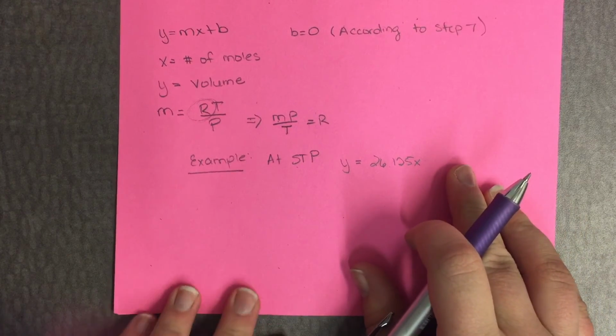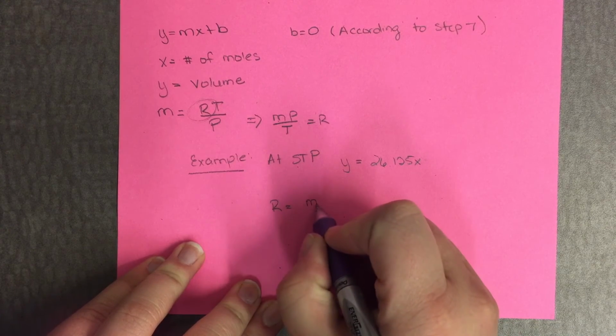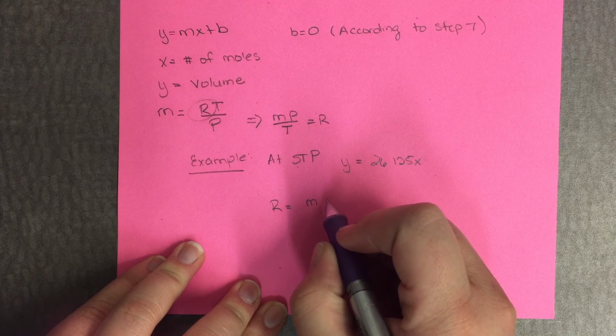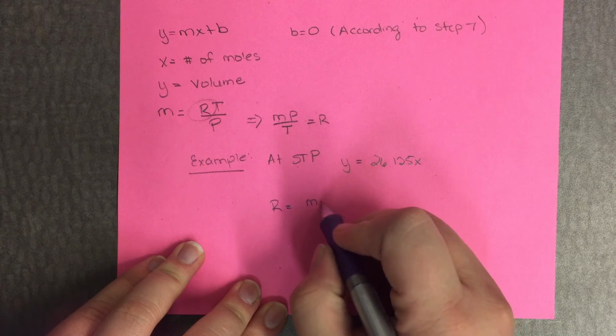So R equals my slope times pressure over temperature, excuse me.